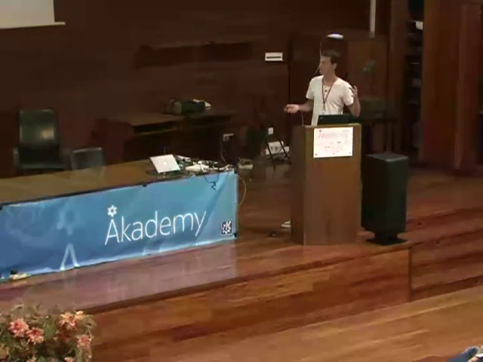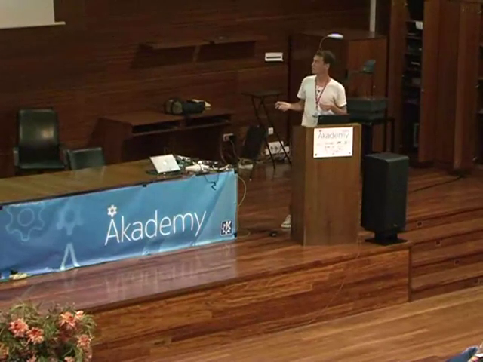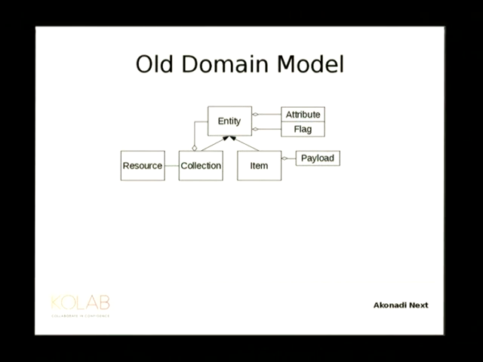If we look at the current domain model, slightly simplified, we basically have collections, and collections can have entities, which are collections or items. So you have this simple folder hierarchy. Additionally, we have flags and attributes, which store stuff, basically. And the payload we can more or less ignore for this.